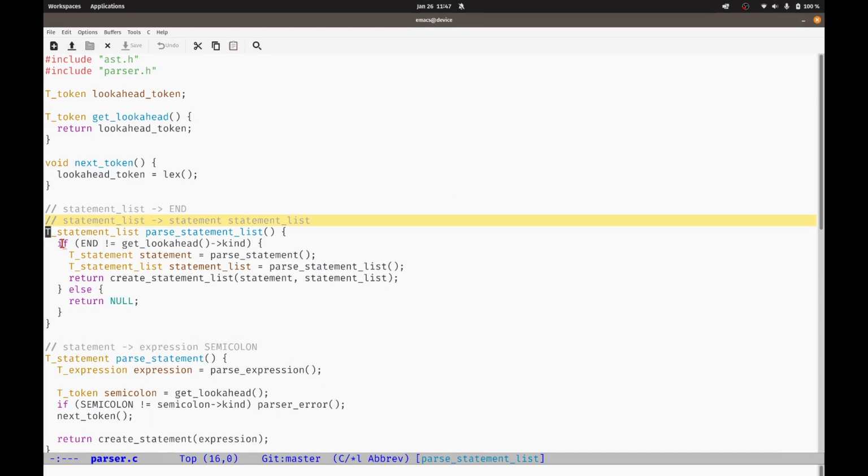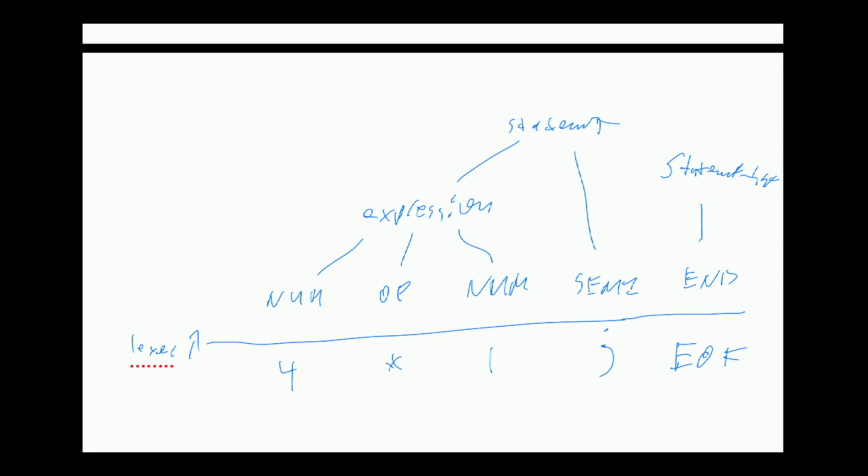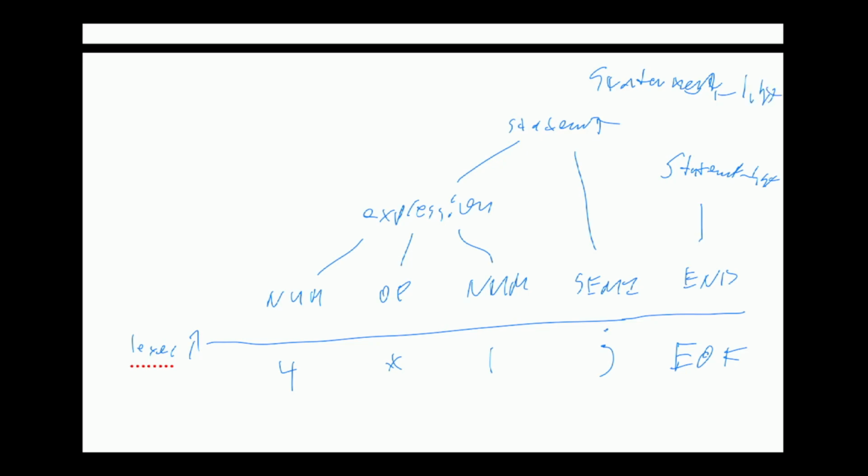A valid statement list is a statement followed by another statement list, or it's just an end token. So this statement list function will create a new node that captures the statement and another statement list.